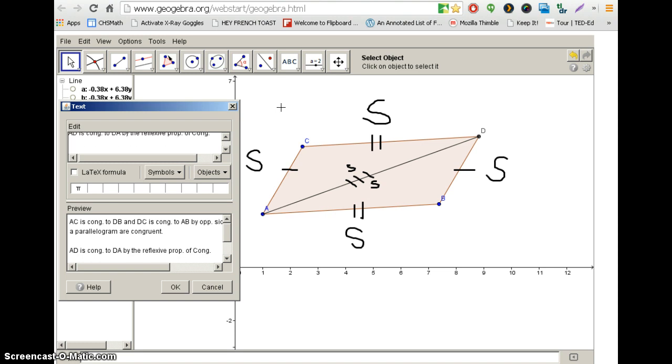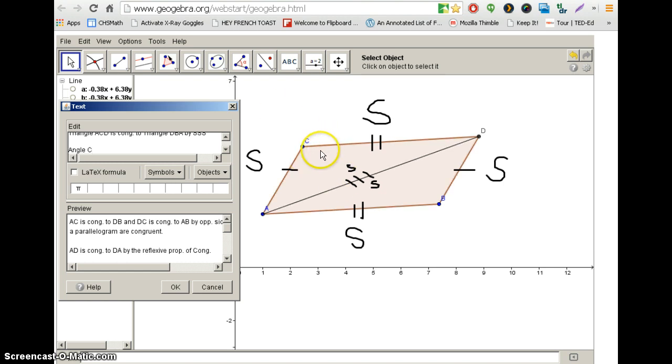And then triangle ACD is congruent to triangle DBA by side, side, side.